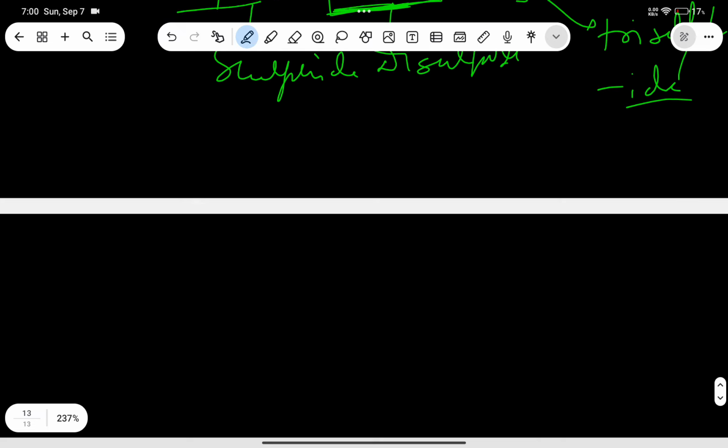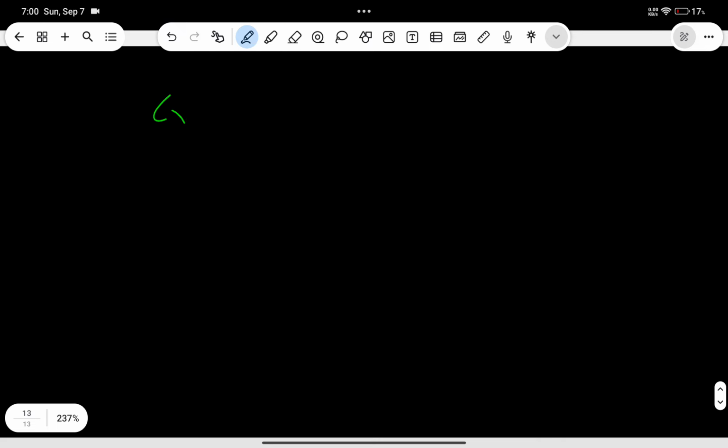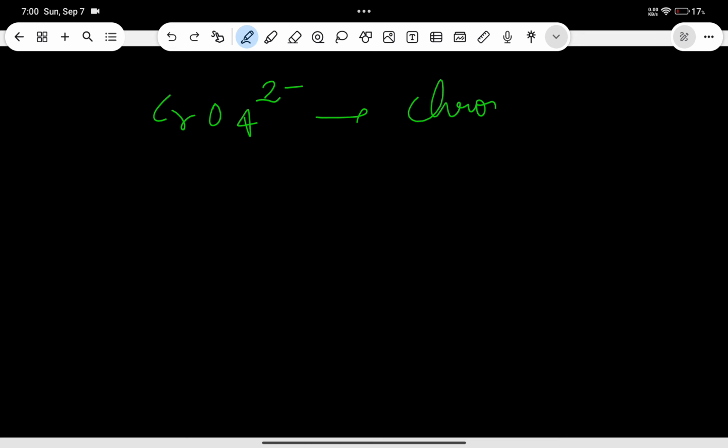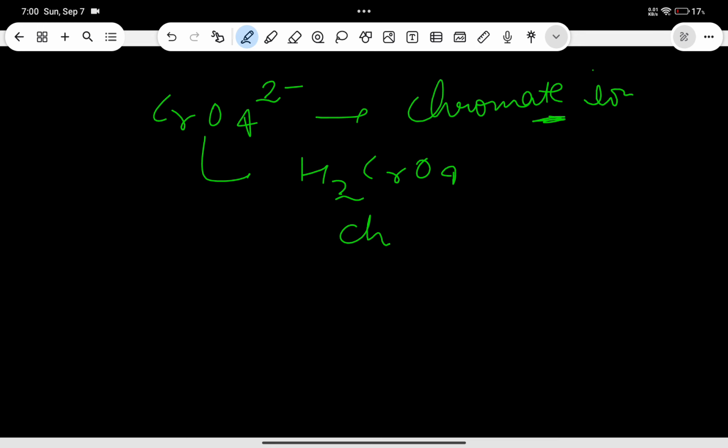Right, and one more thing: CrO4 2 minus is called chromate ion. It is derived from H2CrO4, which is chromic acid, because it's chromate.